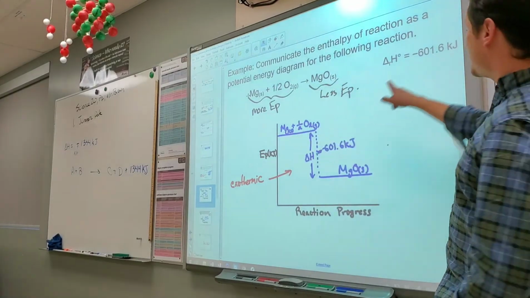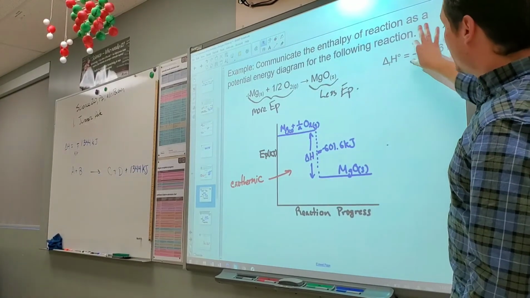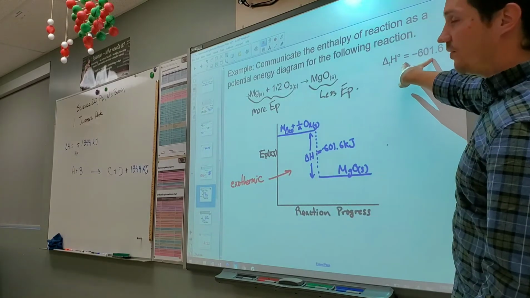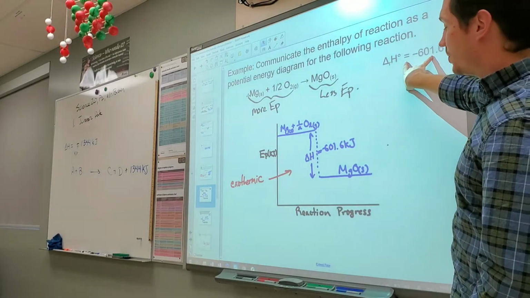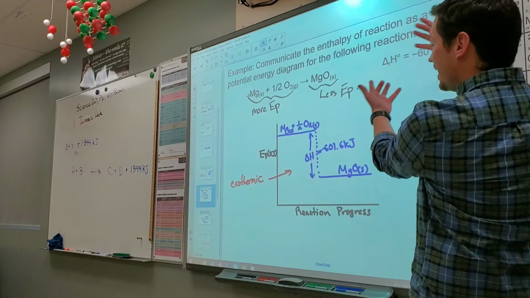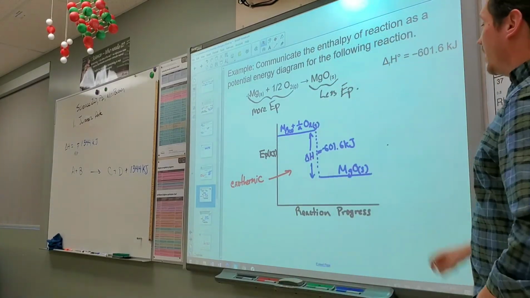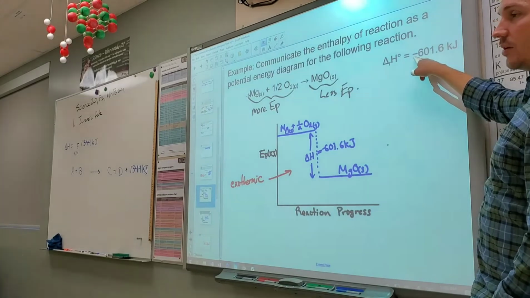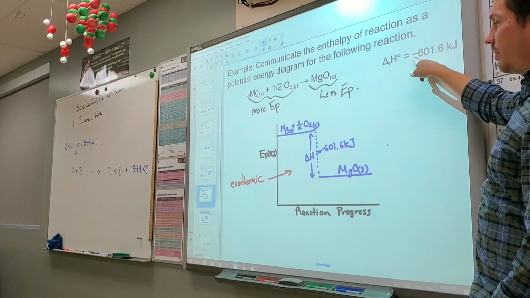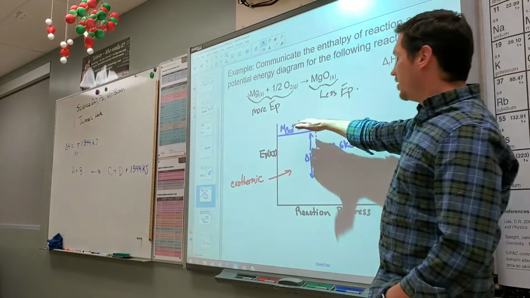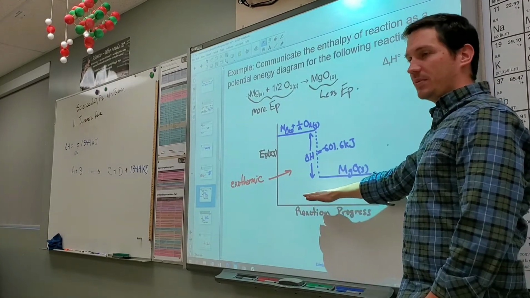So we can take this way of communicating an enthalpy change, and we can turn it into this diagram. Is this an endothermic or an exothermic reaction? Exothermic. In exothermic reactions, your products will always have a lower potential energy.